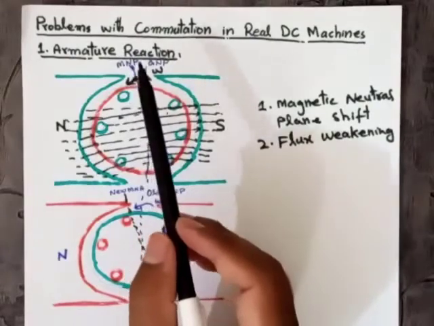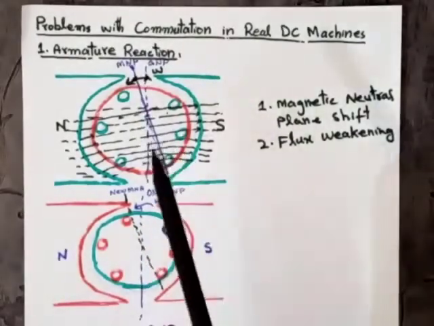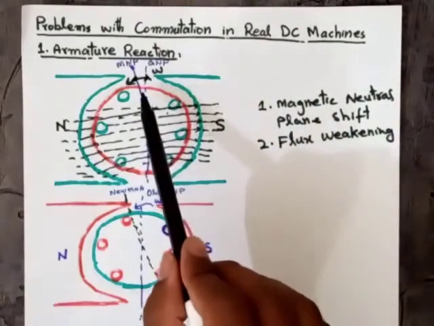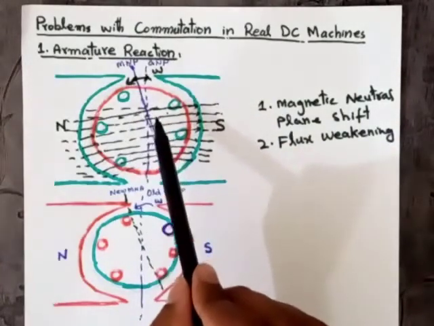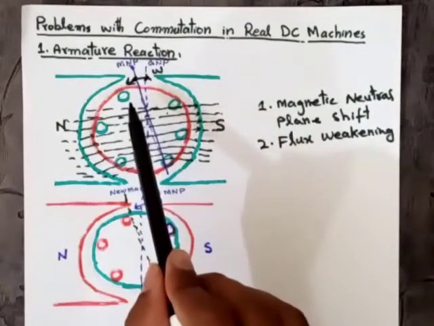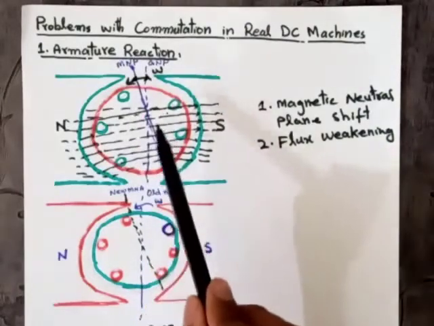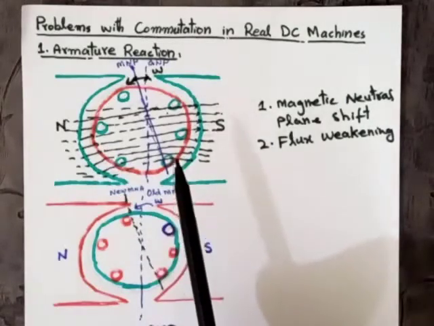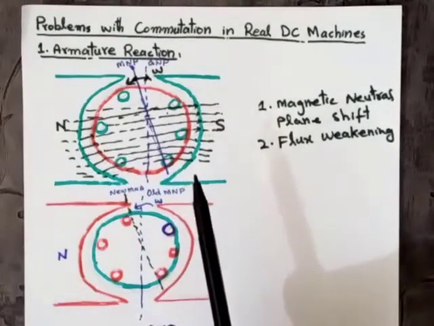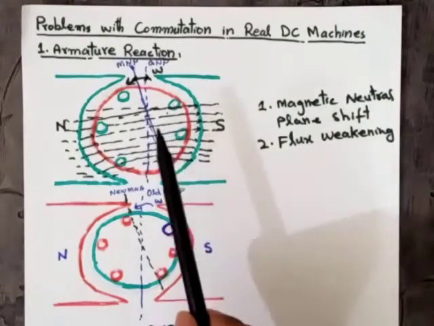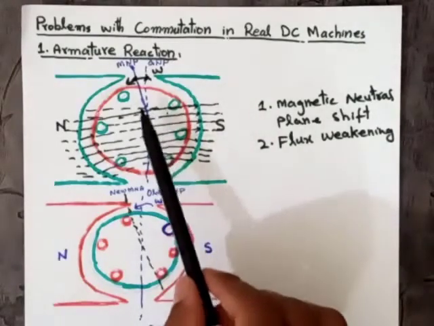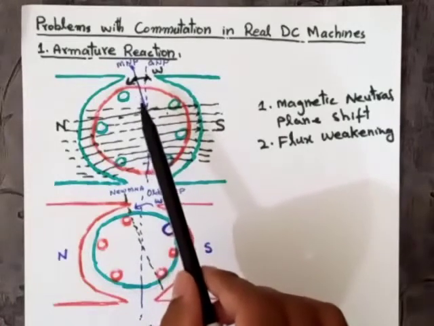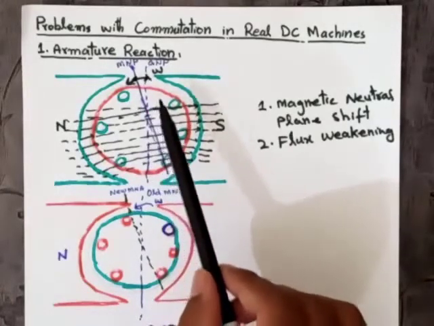The magnetic neutral plane is the plane where the induced voltage will be zero, as the direction of the magnetic field and the velocity of rotation of the conductors are parallel. Due to the shift in the magnetic neutral plane, two undesirable effects occur.